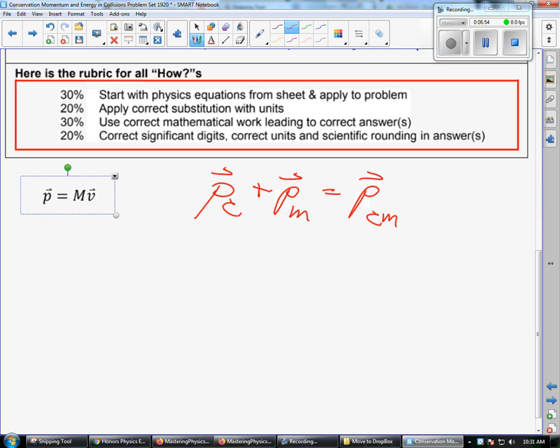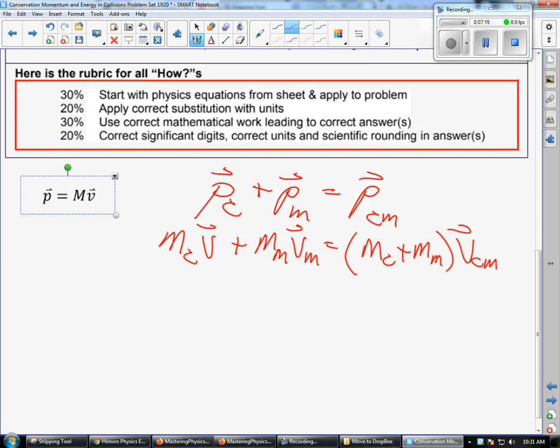And for my equation, that's based on mass of the car, velocity of the car, mass of the minivan, velocity of the minivan, equals, combined as the mass of the car and the mass of the minivan, and then the velocity of whatever this car minivan hybrid is.